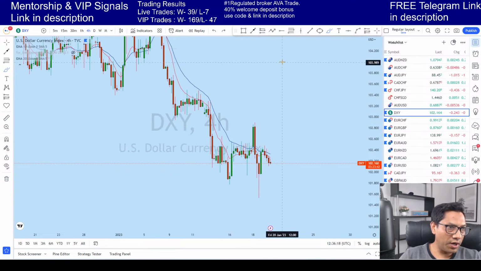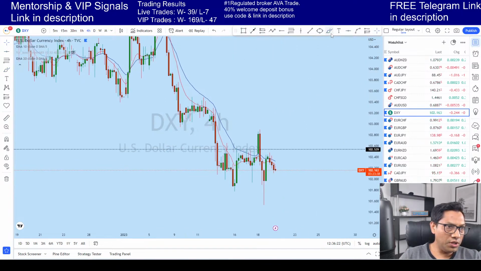DXY has broken this local level of resistance here. With that breakout of this resistance, with this liquidity grab, DXY has broken down and again gone up exactly to the same resistance zone.